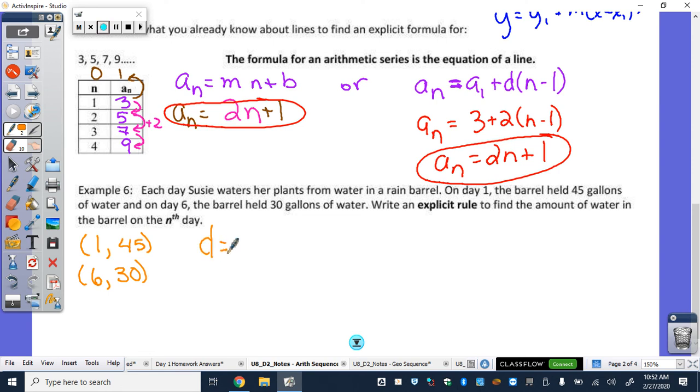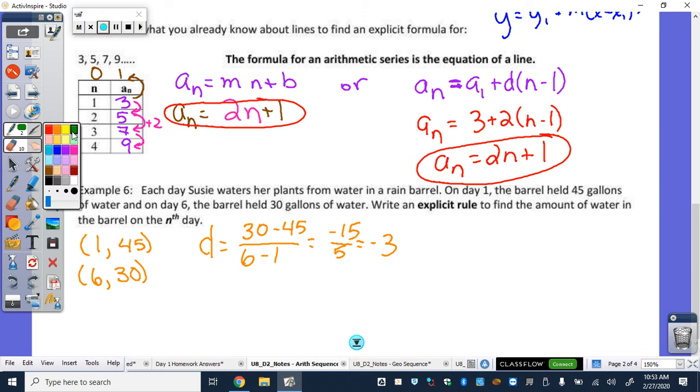Our common difference, because it's just like slope, you can find it just like you would your slope by calculating y minus y over x minus x. So 30 minus 45 over 6 minus 1. So that gives us negative 15 over 5. So we have a common difference of negative 3. So again, write an explicit rule.